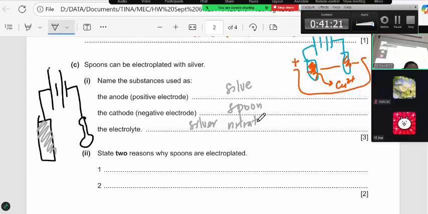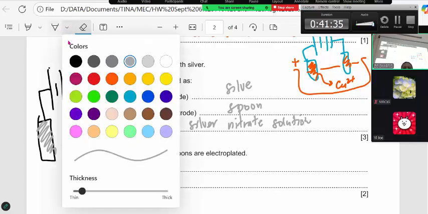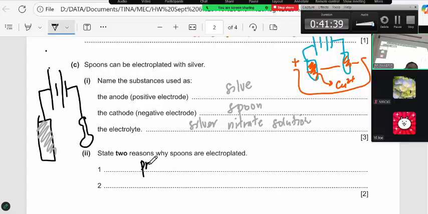Correct. State two reasons for electroplating: to improve appearance, and also to prevent corrosion.